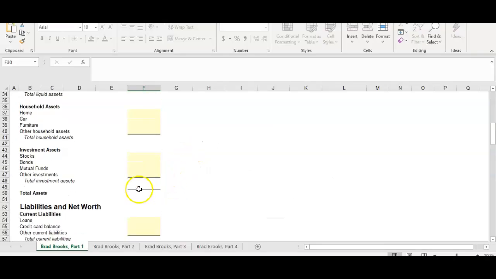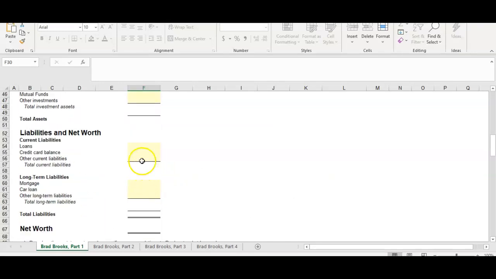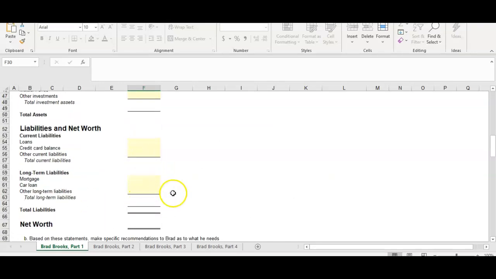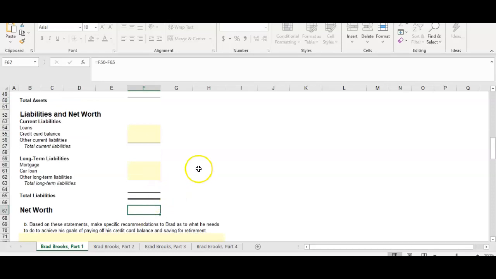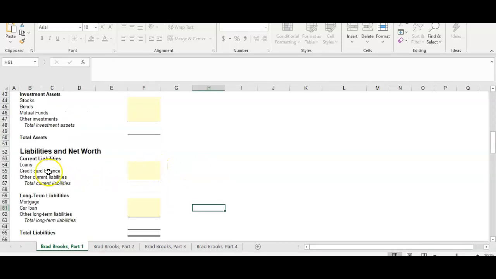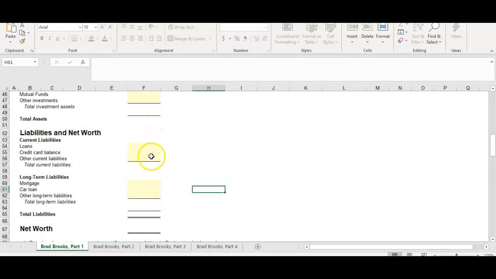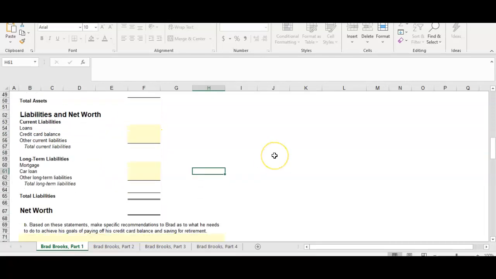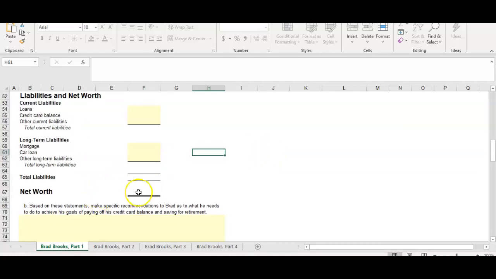Get a total of all his assets, determine all of his liabilities to get his actual net worth. Now that there's a form in Excel already, once you compute total assets and compute total liabilities, the system automatically will give you the net worth for Brad.